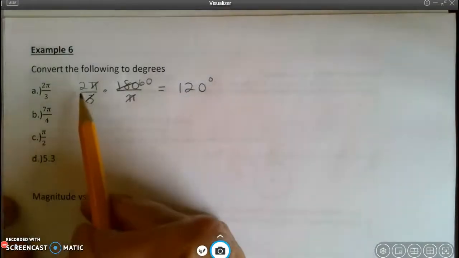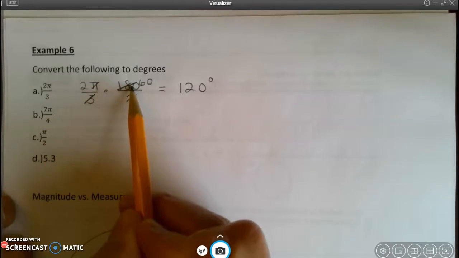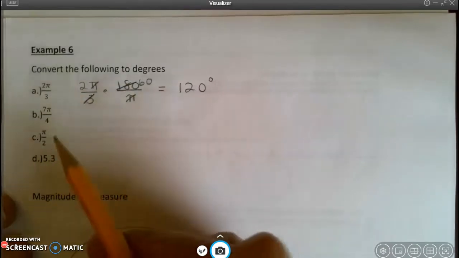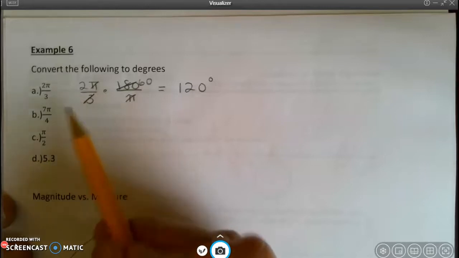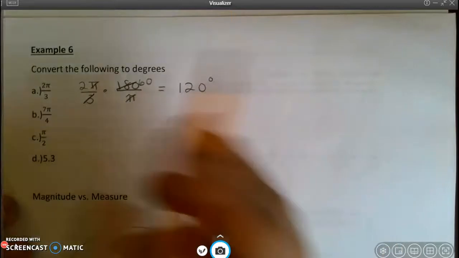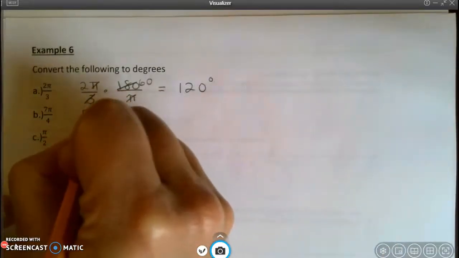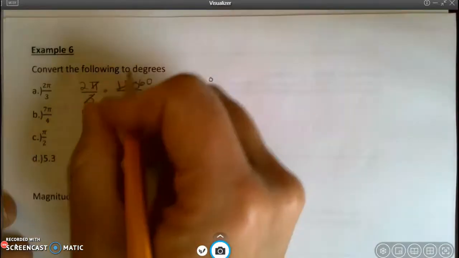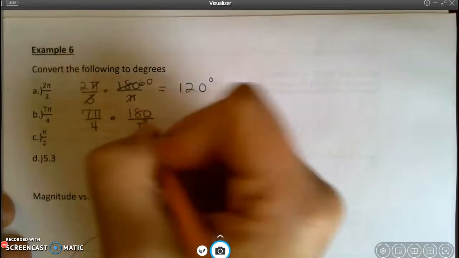If I had first multiplied, I would have had 2 times 180, which is 360, and then had to divide 360 by 3. It's, for the most part, easier if you divide and then multiply if you don't have a calculator. Next one, 7 pi over 4. We're going to convert to degrees, so we're multiplying by 180 over pi.